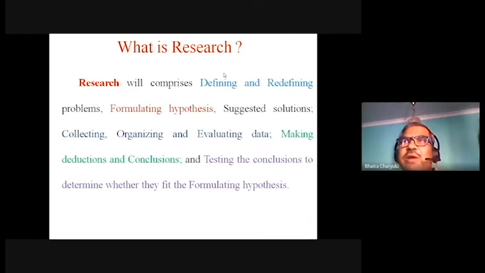We concentrate on the definition: what are the words that form that particular definition, each and every word, and what are the deducing words, and based upon that we derive the properties from the definition. So everything comes only from the definition part. That's why we are defining and redefining it.